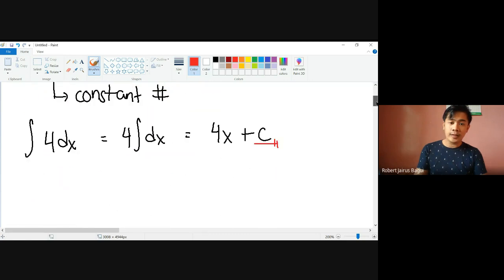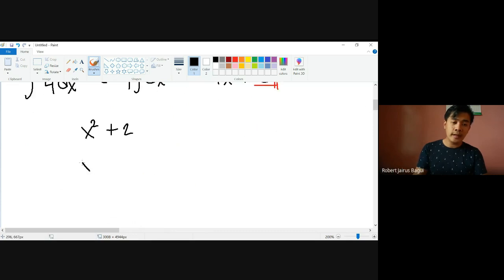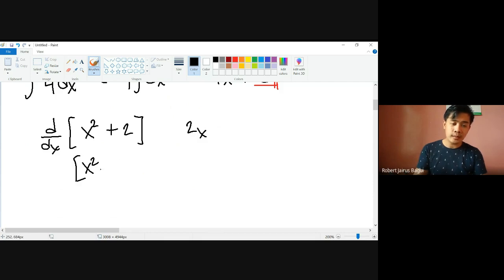So why do we have plus c? Because, for example, let's say x squared plus 2 and x squared. If you take the derivative of both, say d over dx, that would be 2x. The same goes for the other, 2x also. But if we bring it back to the integration sign, one has a plus 2 and the other equation has a constant too, plus 0.